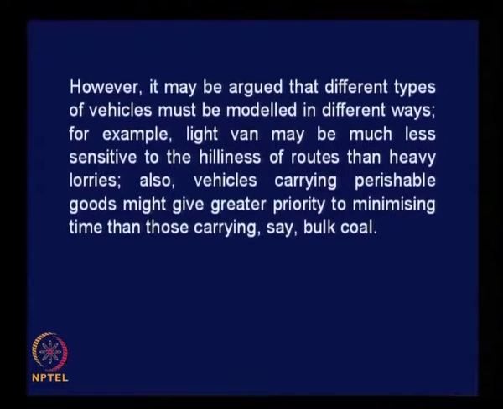For example, a light van may be much less sensitive to the hilliness of routes as well as the other geometric restrictions of a route, narrow lanes, by-lanes and things like that, than heavy lorries. That means based on the geometrics of the road network, you may have to fix certain routes only for heavy trucks. You cannot just assign the truck traffic along any route just because it is the shortest route, because of these constraints.